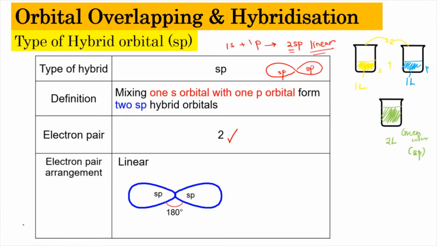So in terms of the orbital diagram, you can imagine that we mix the s orbital with one of the p orbitals. Because for p, you know that we have 3 orientations, right? But we only take one of the p orbitals in order to form the sp hybrid orbitals, and we have two of them. So sp on the left hand side and sp on the right hand side, and we have two orientations.